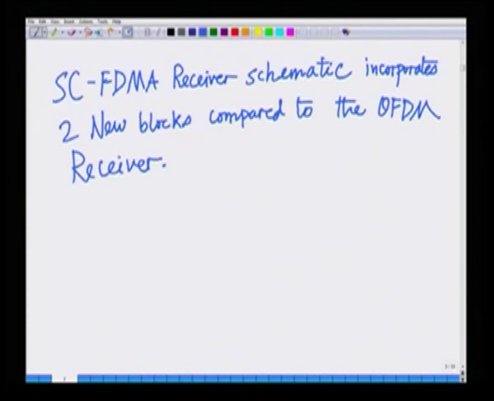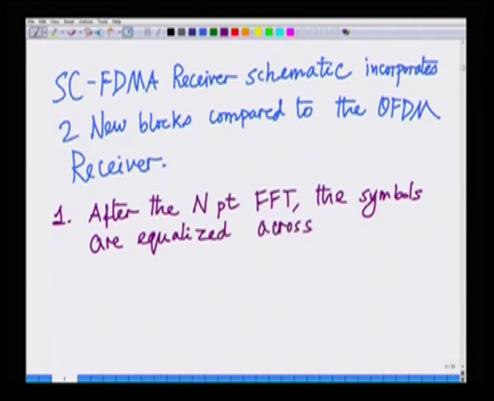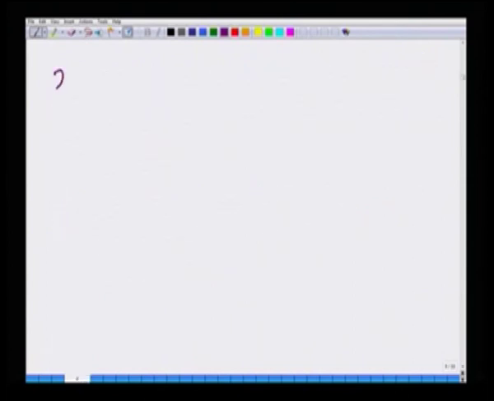After the N point FFT, the symbols are equalized across all subcarriers, then they are subcarrier demapped.